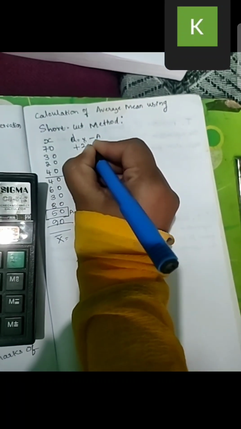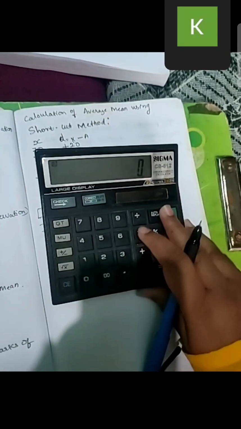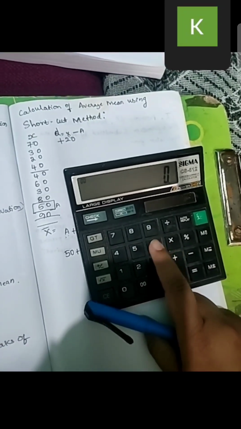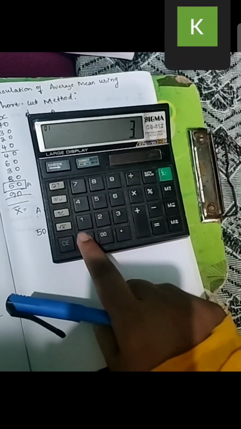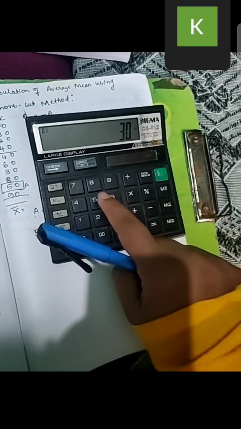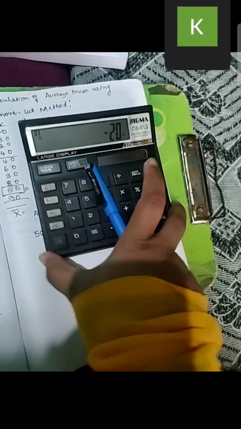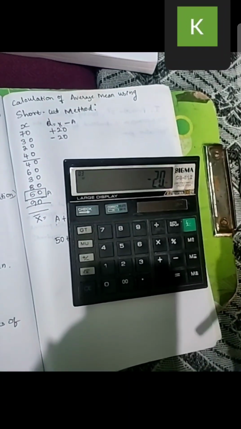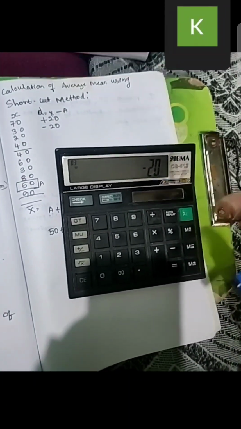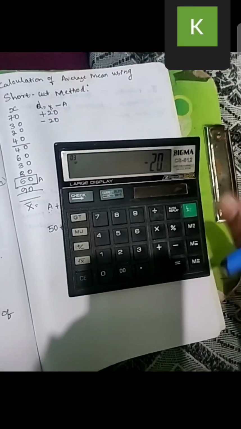Plus 20. My x is 30 and A is 50. It's minus 20. You should not change the sign. We should write it as it is. If the sign says plus 20, we write plus 20. If the sign says minus 20, we write minus 20.